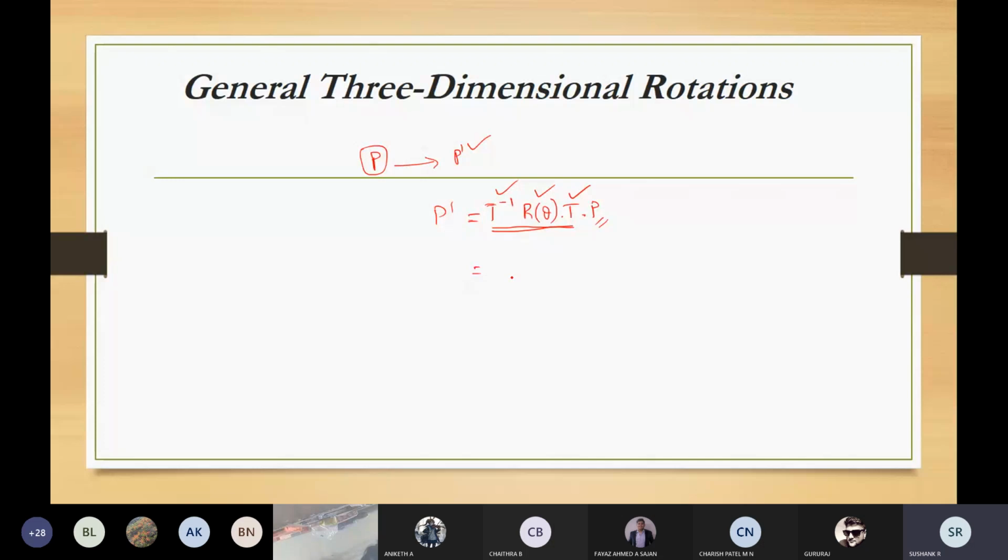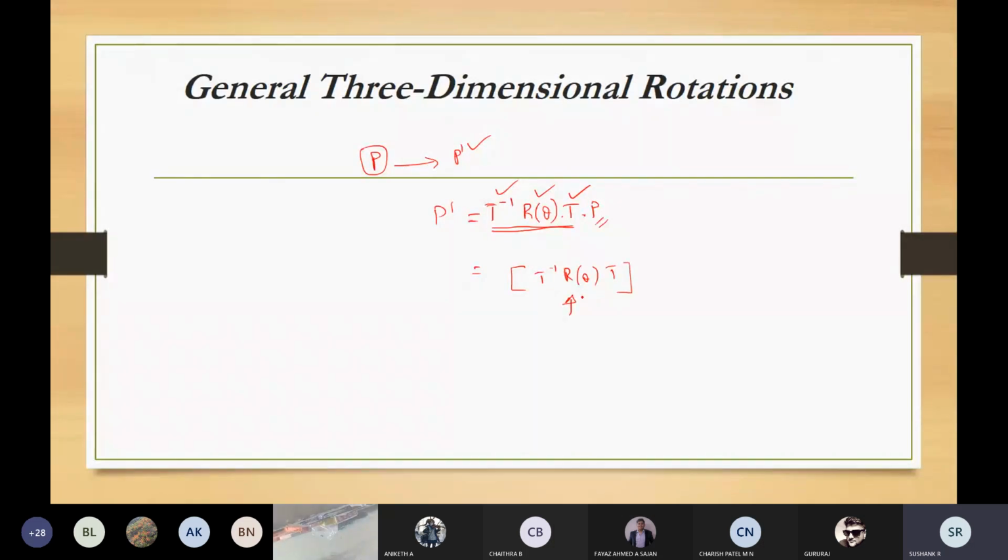Here it is the composite rotation matrix that performs this operation: translate, rotate, inverse translate. You can call this the composite transformation.